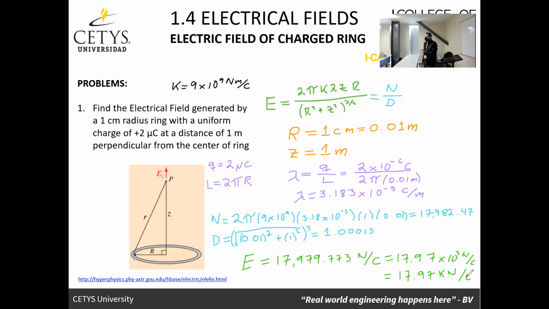If I say 17.97 times 10 to the 3, mentally you might say that's a large number. But if I say it's 17.9 kilo something, you know that kilo means large. If I say it's 17.9 mega something, it means that it's even larger. So that's why the multipliers, the kilo, mega, etc., or when we're talking about small things, the micro, nano, pico are also important, because they give us a sense of magnitude. So those would be a few ways to represent that.